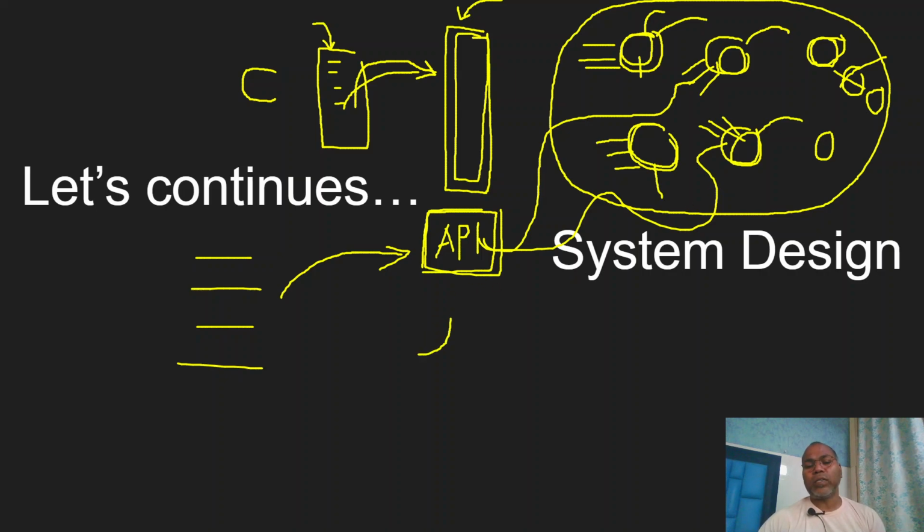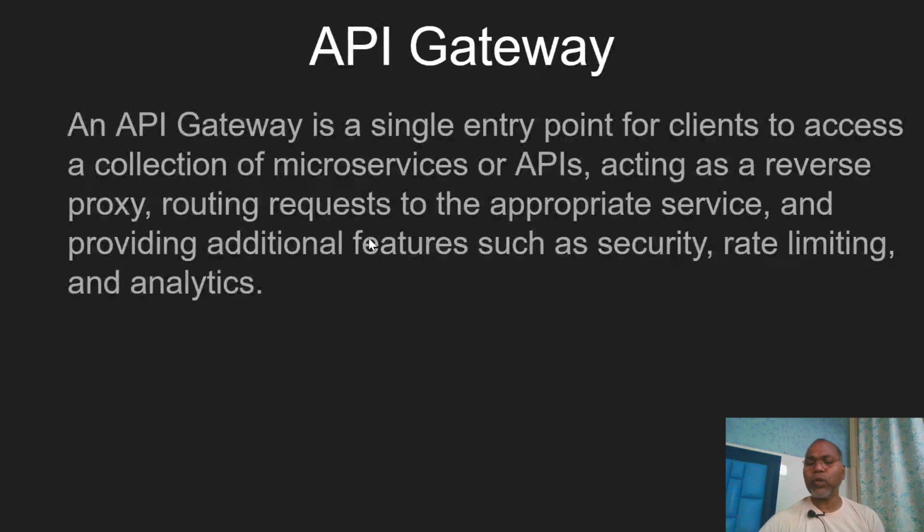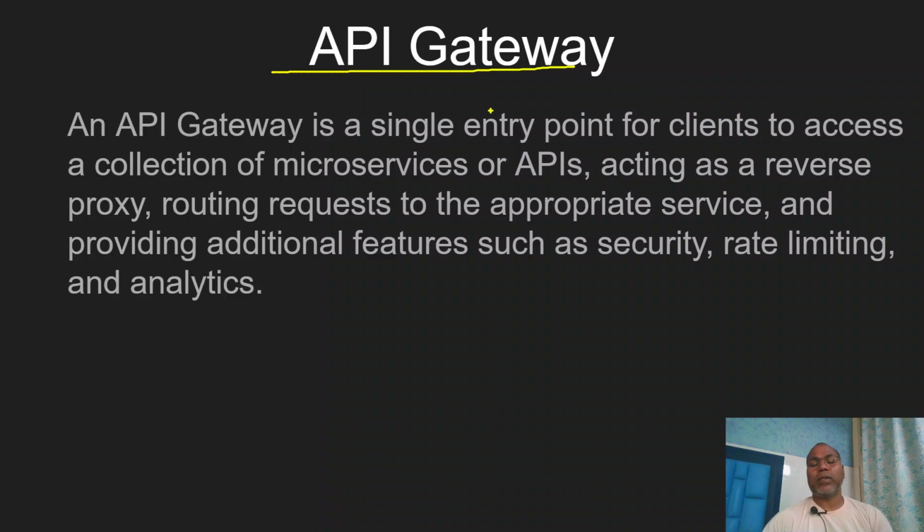This is a very important component for modern microservice architecture development. I'm going to talk briefly about the API gateway, so that while designing our system we are aware to say: this is the API gateway for the clients.